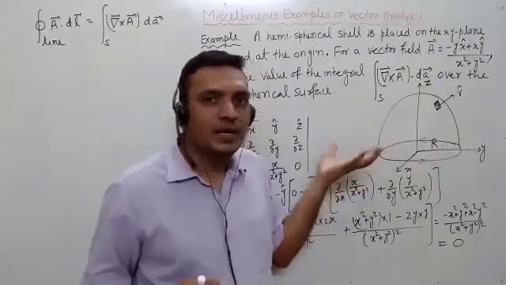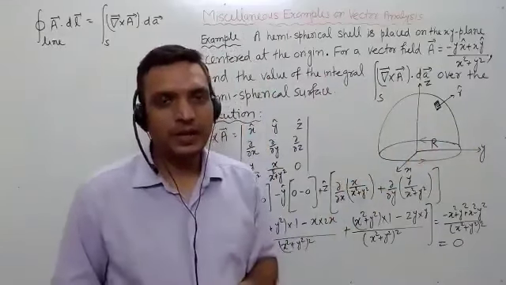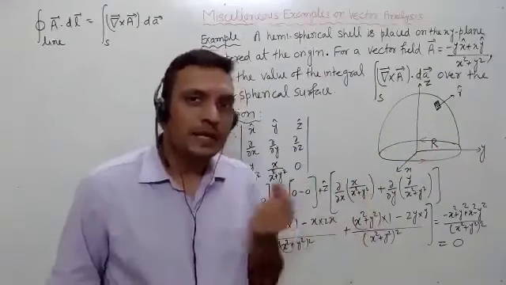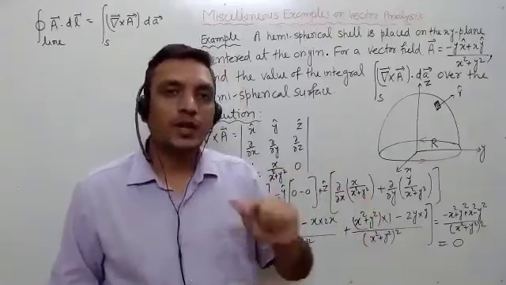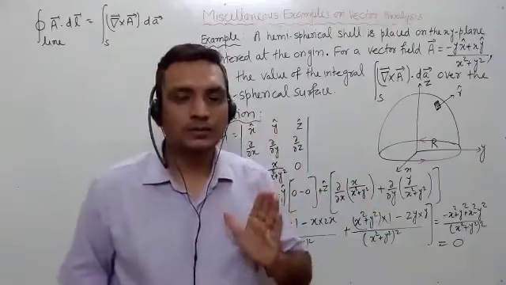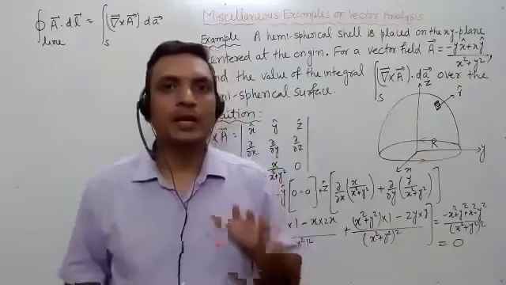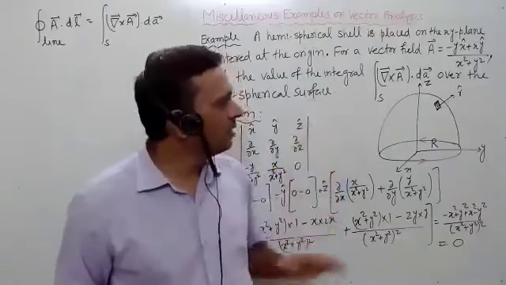If you see symmetry, you will see it as spherical symmetry. But since you have to find line integral over the circle, you have to use cylindrical symmetry. Is it clear or not? Yes, sir.